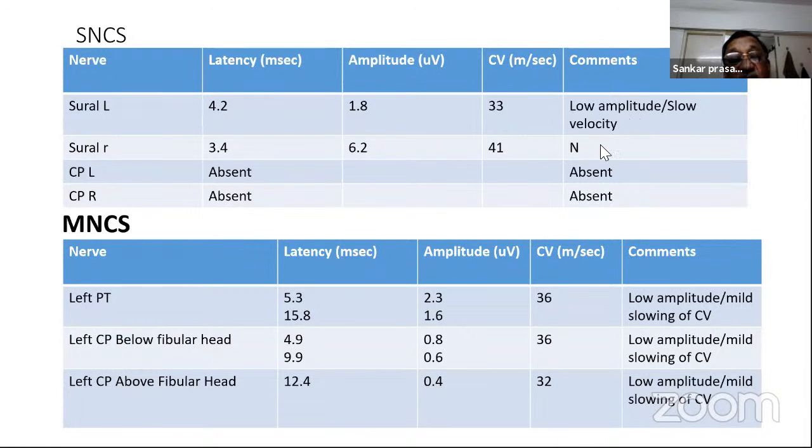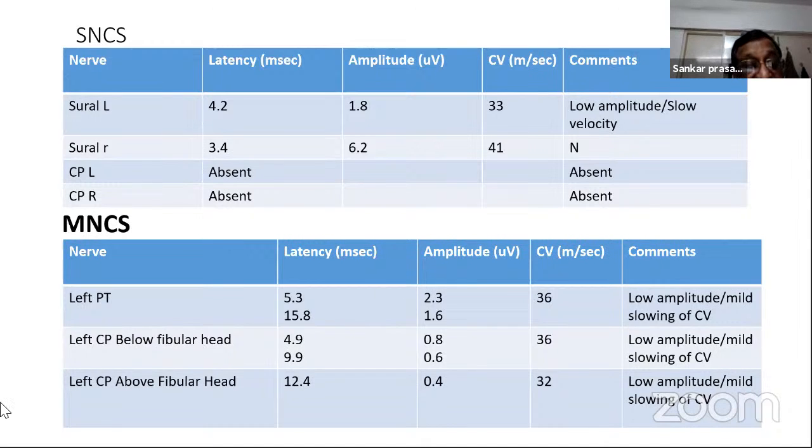Sural right is normal, and common peroneal sensory absent, right and left both. Motor nerve conduction studies show CMAP is low amplitude with conduction velocities diminished or prolonged, and below fibular head or above fibular head, both in left side common peroneal nerve is showing abnormalities.